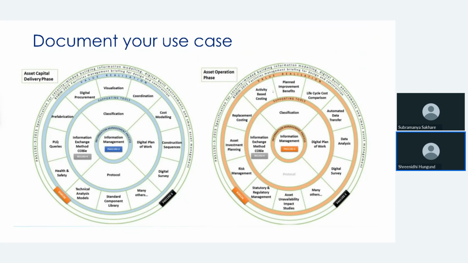The classification model has to be developed in a way that at least one particular type of classification system is used. Today, if I want to do a quantity takeoff from a model, there should be some classification when we are developing the model.